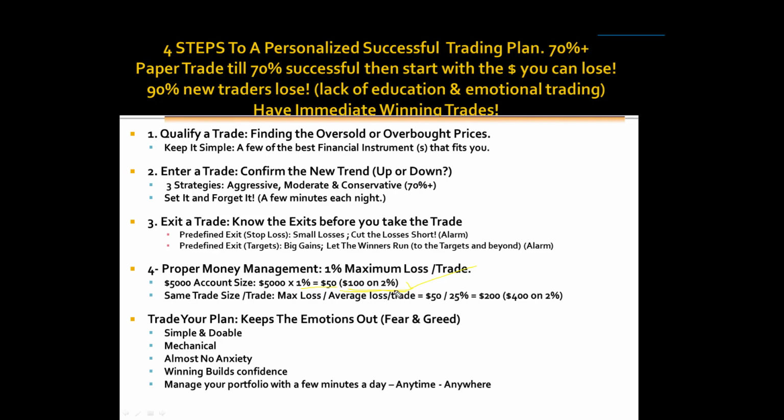Now, once we have our maximum loss, we can also decide the size of each trade. If our maximum loss is $50 and we lose about 25% of that, we have a trade size of $200. And of course, if you're using 2%, that would be $400.